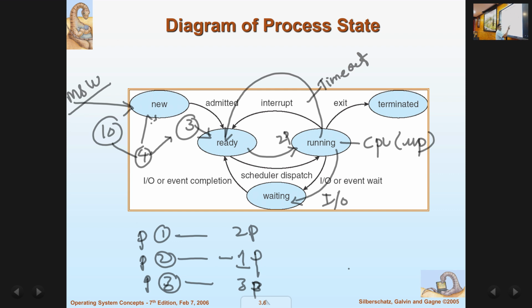Once the process acquires that input or output resource, it again comes into the ready queue, and then it is again taken up for execution.